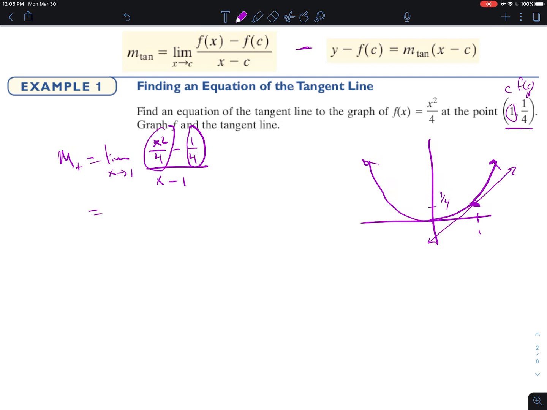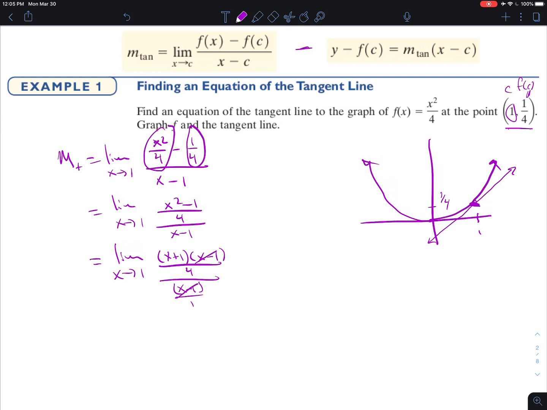Let's see. So the limit as x approaches 1, if I clean this up, x squared minus 1 over 4 over x minus 1 equals the limit as x approaches 1 of x plus 1, x minus 1 over 4 over, you can think of this as x minus 1 over 1 if that's helpful.